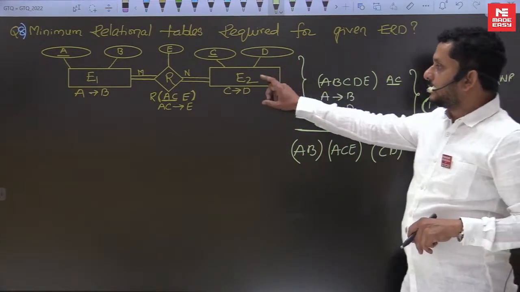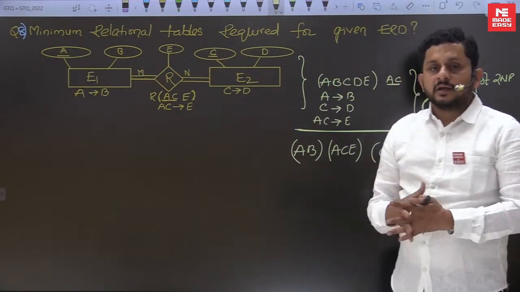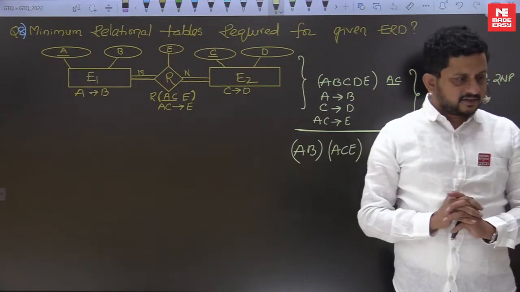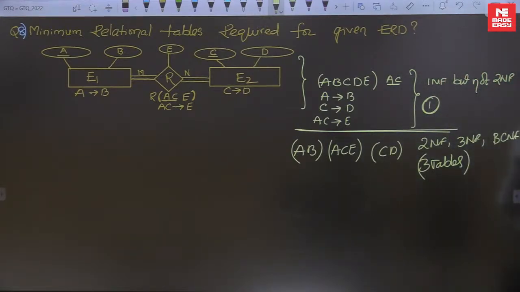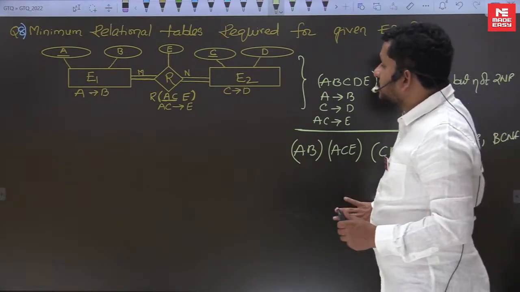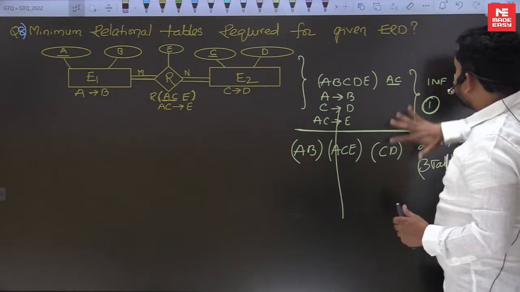So this is the possible design if many to many with total participation is given. These are the possibilities of the questions from the ER model.